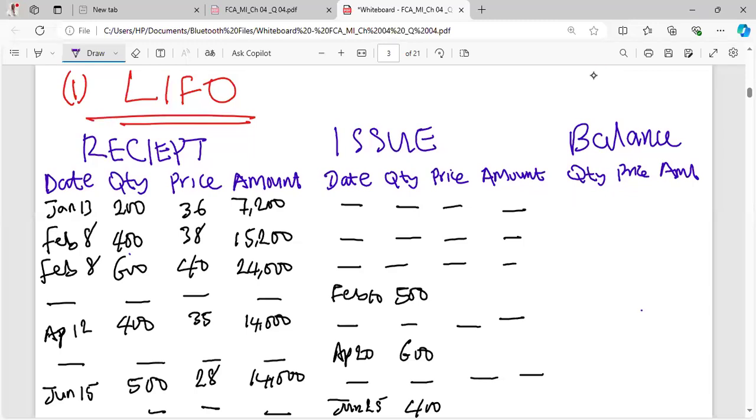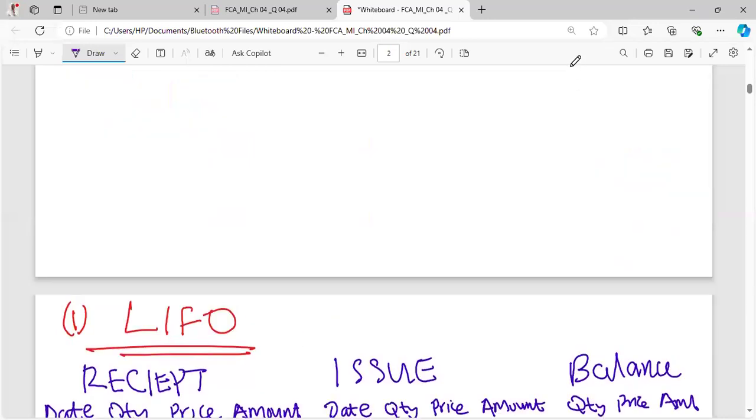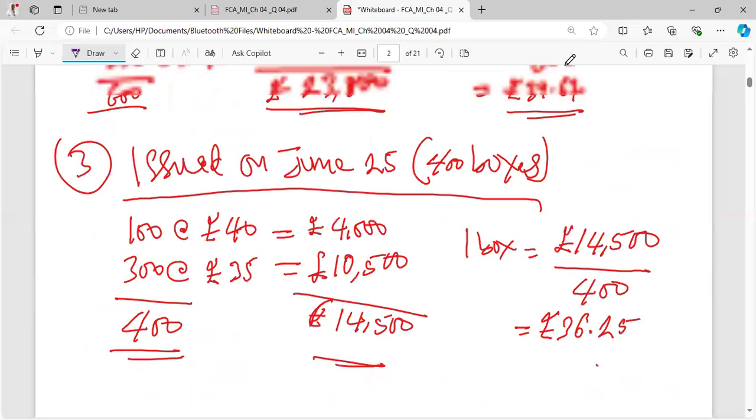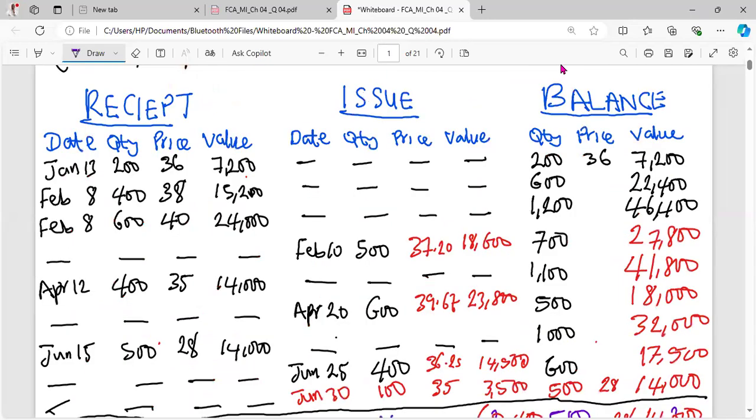Our balance here was 200 when we brought in the first 200. And it will be 7,200. Then we had 400 joining it to make it 600. 15,2 plus 7,2. We did it the last time. 22,400.